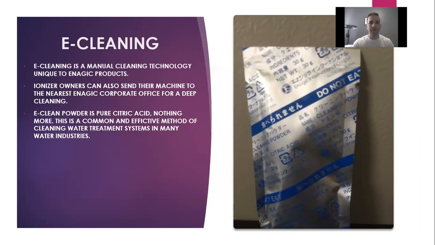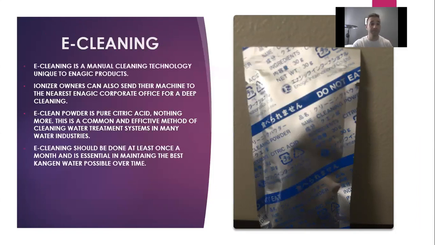Okay. E-Clean powder is pure citric acid, and I have a picture here of a cleaning powder packet. It's just citric acid, nothing more. This is a common and effective method of cleaning water treatment systems in many water industries. The citric acid will break down and dissolve the alkaline minerals that are building up in the hoses, in the chambers, and on the plates of the device.